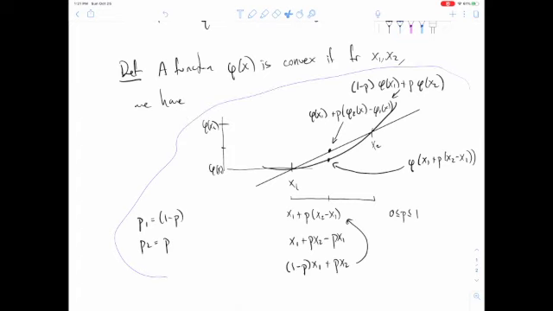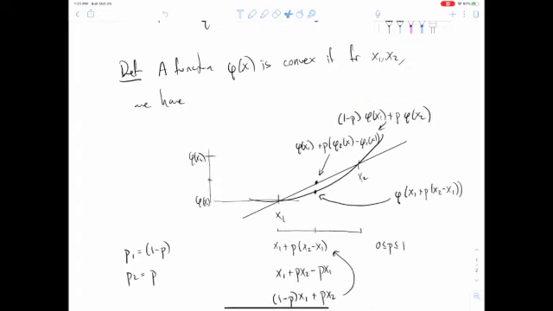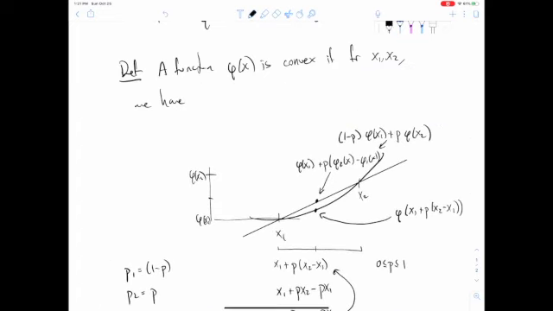then what this really looks like is the definition of convexity: for 0 less than or equal to p1 and p2 less than or equal to 1, with p1 plus p2 equals 1.